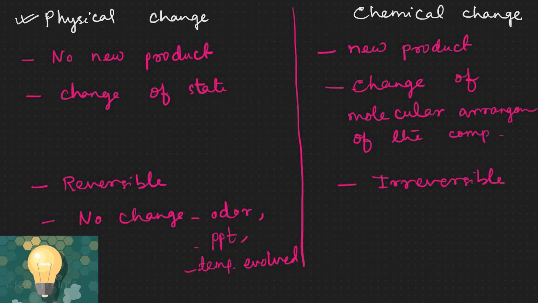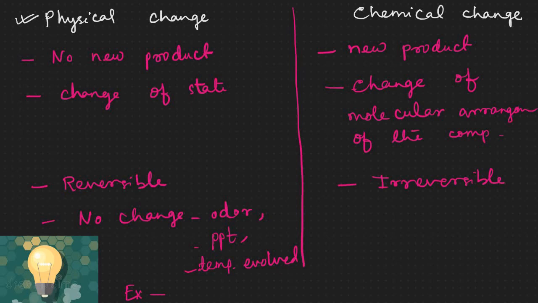But in chemical change you are going to apply all these things. Then you should give a proper example, just as I have given here, just melting of ice, or when we mix sugar with water, or evaporation of water, or rusting of iron is also a physical change, because whenever we clean it, it will again come back to its normal form.